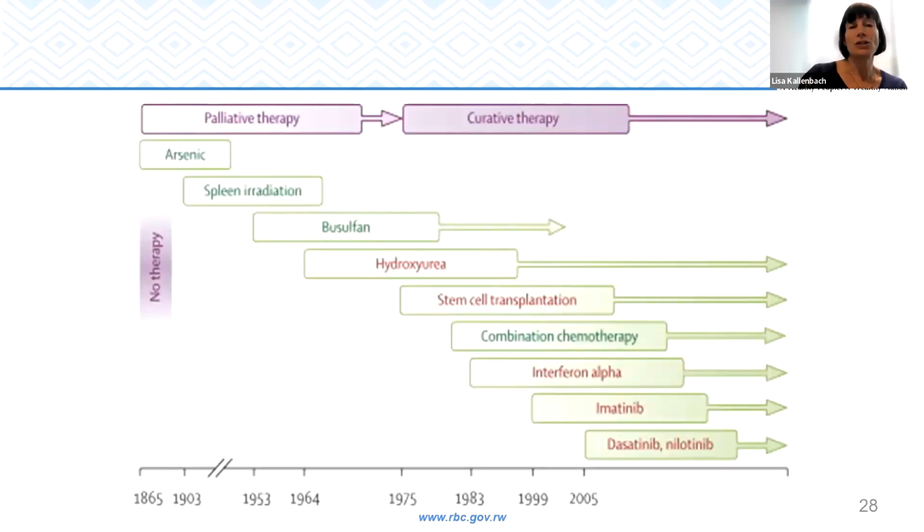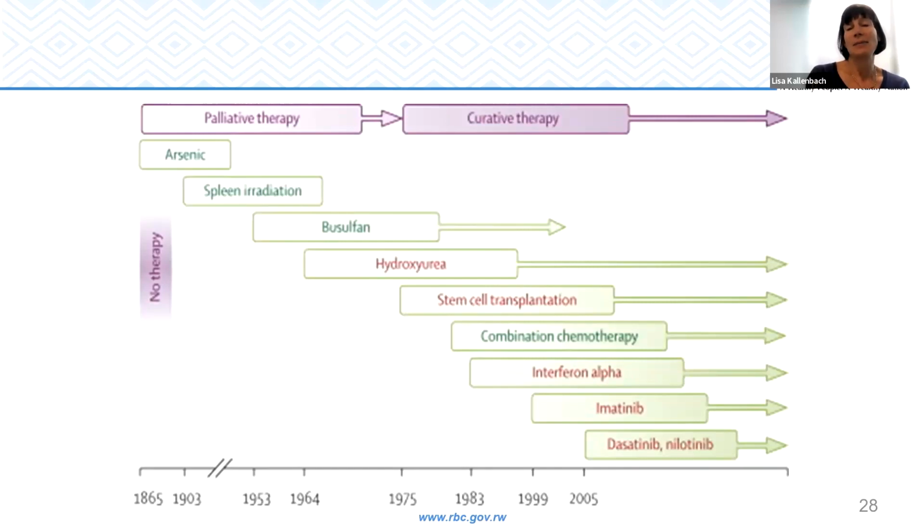And then this is just talking about the progression of therapies, like how we've gotten to where we are now. Basically, it started way back in the 1800s with arsenic and splenic irradiation, which were all palliative, and busulfan and hydrea. And then we started to move into more curative therapy with stem cell transplantation.